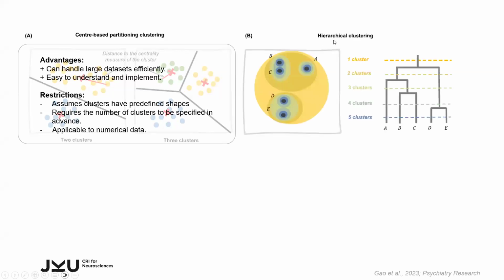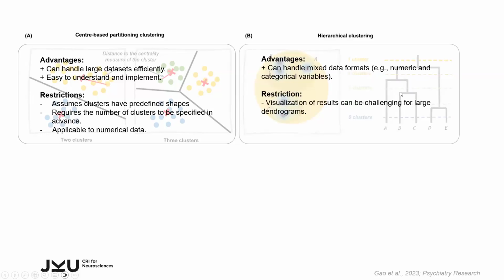But you have also like this hierarchical clustering, and instead of predefining the number of clusters, you select the number of clusters based on the result in the dendrogram. So you look at this dendrogram and you can decide, okay, this branch is clinically relevant to interpret my data, which has a restriction when your data is really complex or a large data set that you can hardly visualize it.